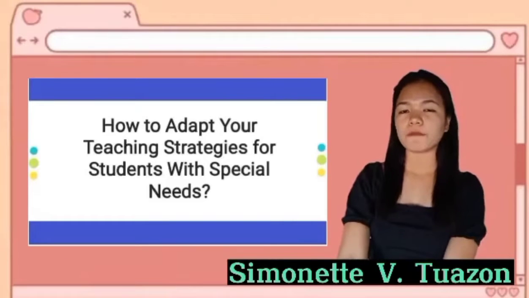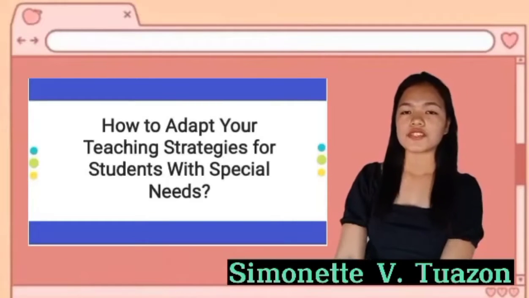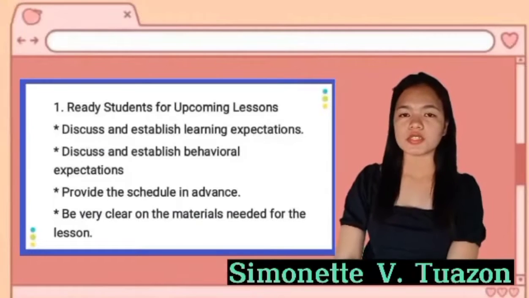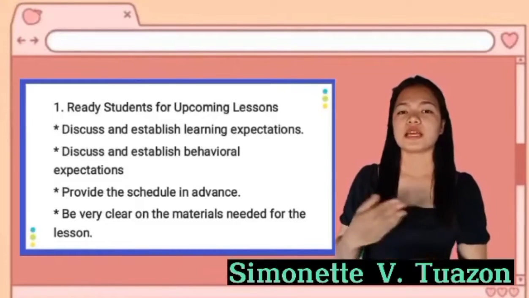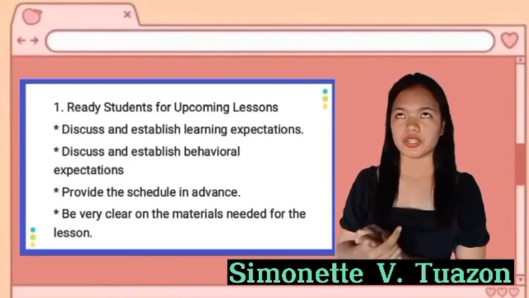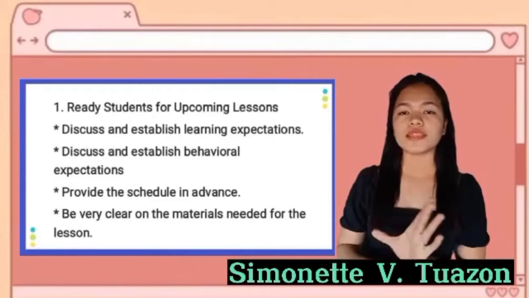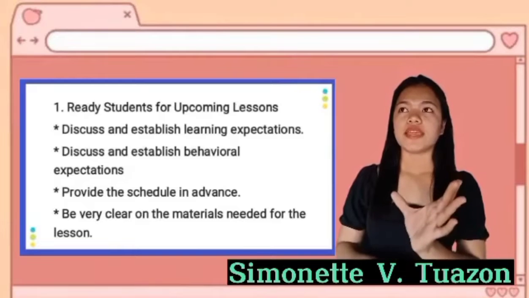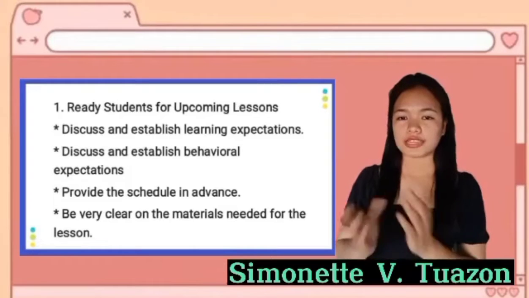So, how to adapt your teaching strategies for students with special needs? So, number one, ready students for the upcoming lesson. Discuss and establish learning expectations. So let students know what they will learn during the lesson and how much time they need for each activity.